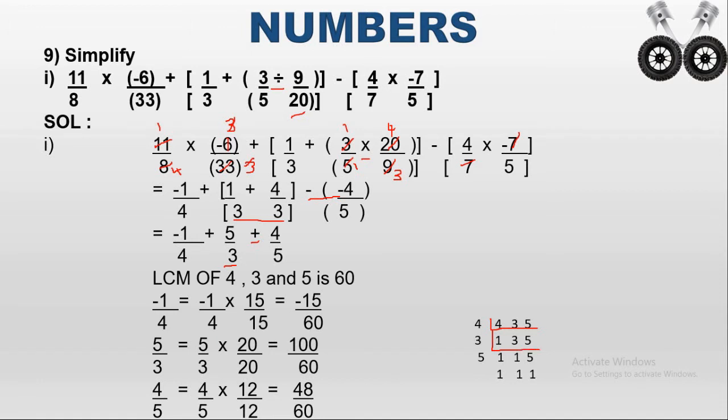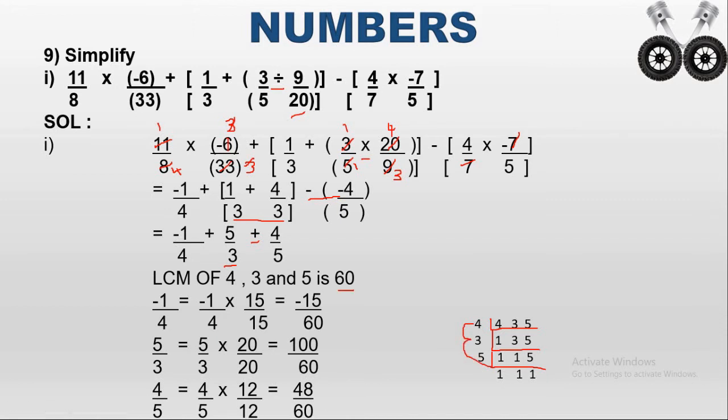There is no common factor. So we have to write the factor 3. So 1 3s are 3. Next we have to write the other factor 5 as it is. Again we have to find the factor for 5. Factor for 5 is 5 itself. So now we can find the LCM of 4, 3 and 5 is 4 into 3, 12, 12 into 5, 60. So the LCM is 60.